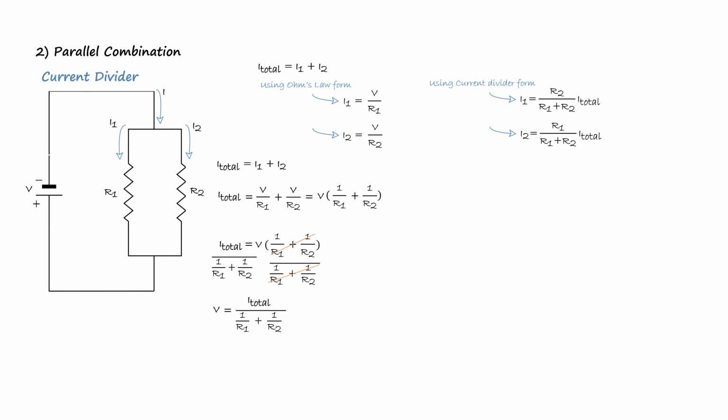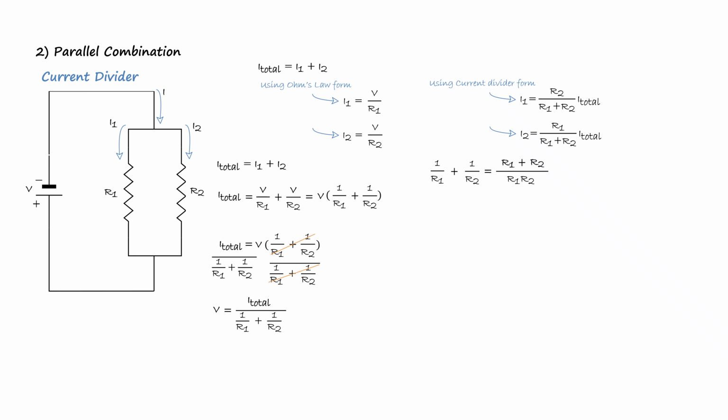And from basic mathematics, we know that 1 over R1 plus 1 over R2 is equal to R1 plus R2 over R1 times R2.